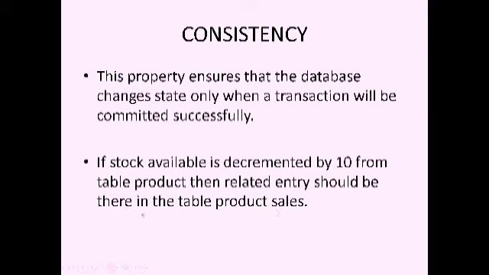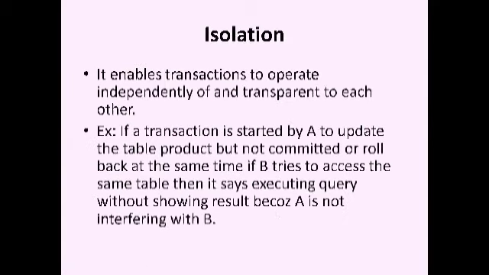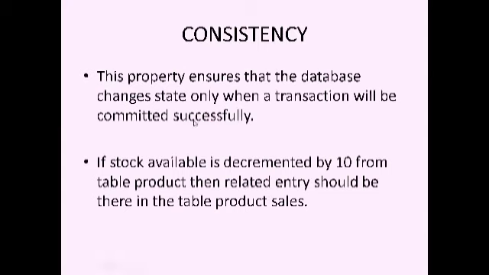Table 1, product, has the product details, and when the laptops are sold, 90 minus 10 should be updated as 80, and the related entry should also be present in the table product sales. Only then is the transaction said to be a committed one.